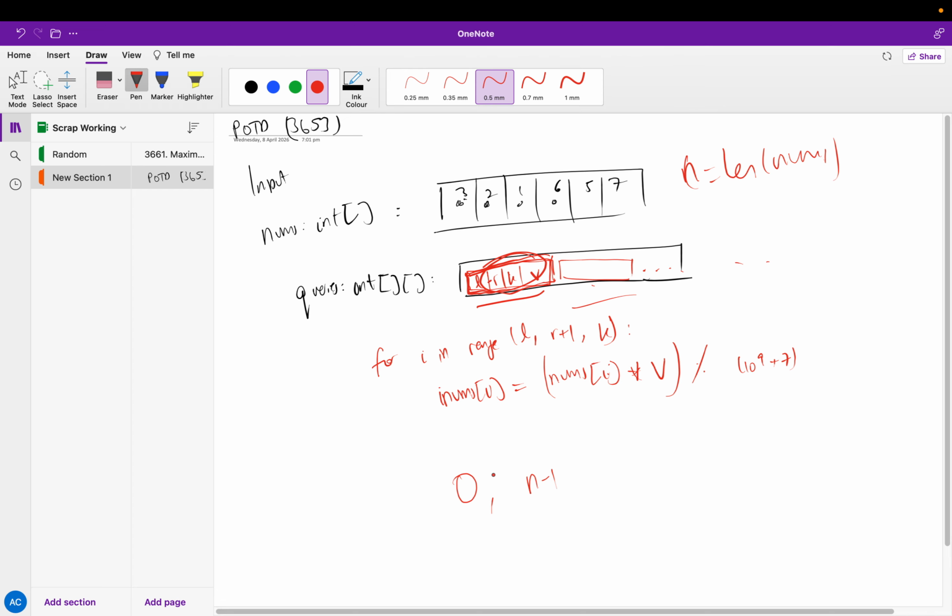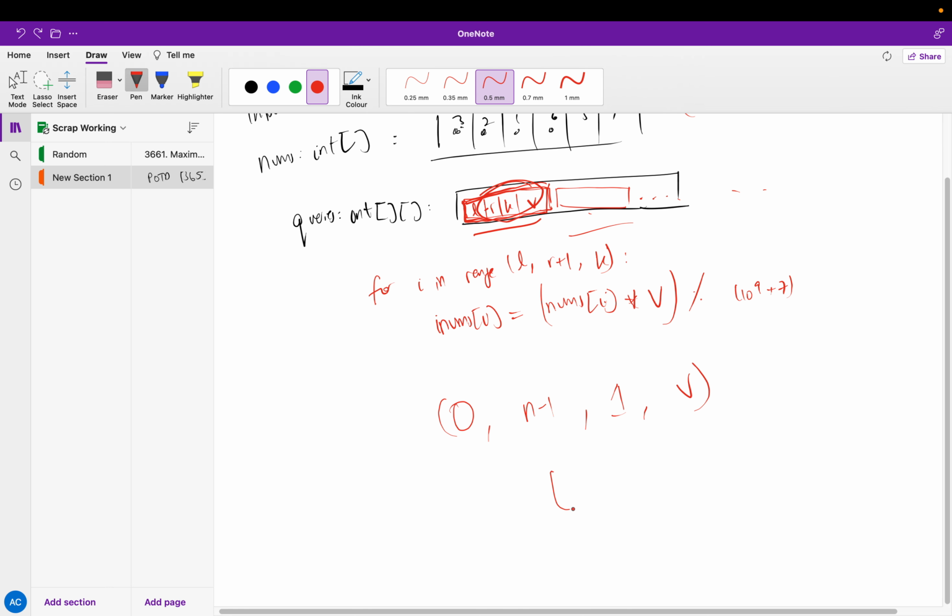In the worst case, a query increments by 1 and has a value of v, in which case you have to iterate through the entire array once, doing the multiplication and the mod as well, and then you have to do that q number of times, once for each query.